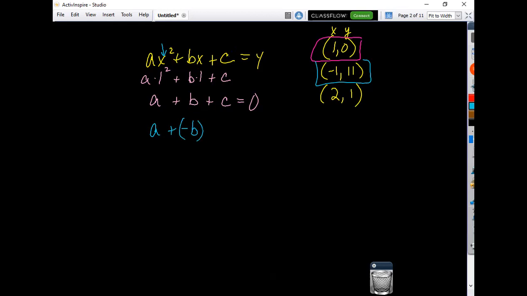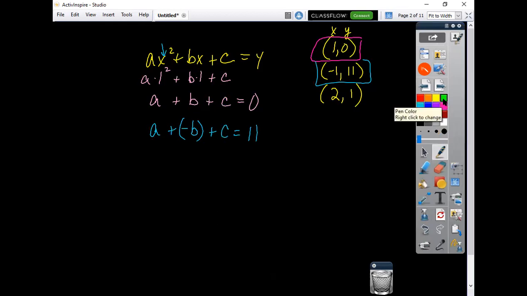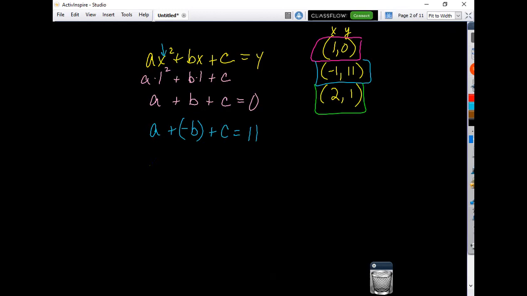And then this c is still just c. And the y that went with all that was 11. The next one, 2 for the x, so 2 squared would be 4a. 2 times the b, the c, and the y that went with that 2 was a 1.